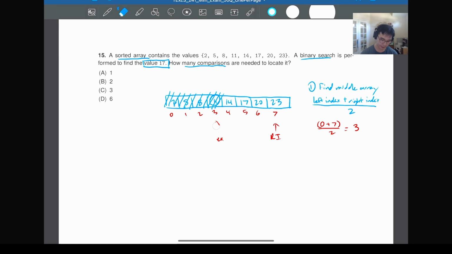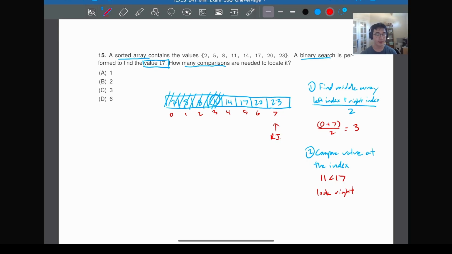So now we're back at step 1. And let me go ahead and write down step 2. Compare value at the index. So we compared 11 is less than 17. Look right.